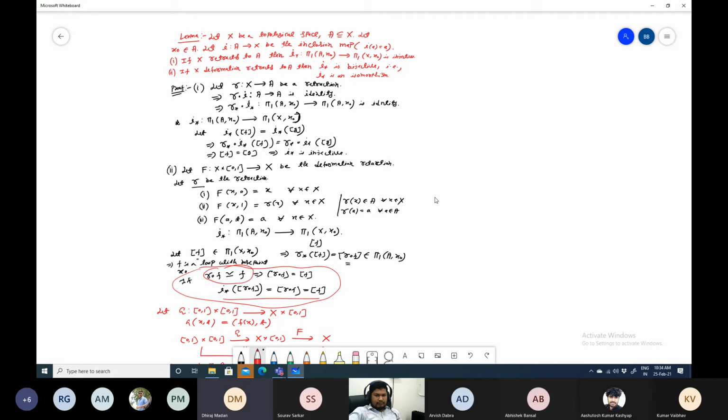But I think they can go into the same homotopy class when you map them to X. They might be in different homotopy classes in A, so they would be distinct paths, but when you map them to X and consider them as paths in X, then they'll be homotopic. So when we are proving that it is an injective map, we have to look at the homotopy classes: if they are mapped to the same homotopy class, then they come from the same homotopy class.